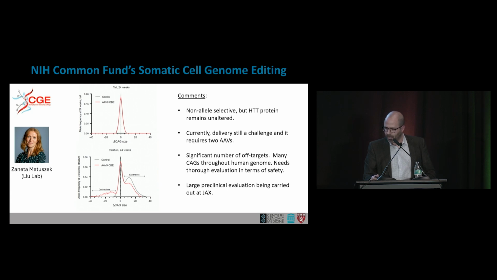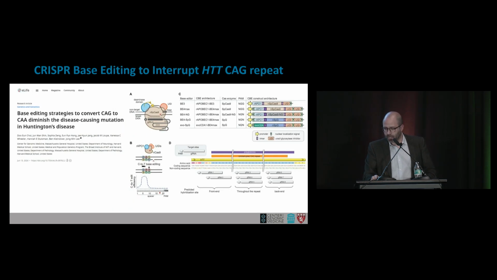Touching on off target: this is targeting the CAG, and naturally there are multiple CAG stretches throughout the genome, so that will be something we'll need to pay closer attention to. Interestingly, John Min, and Vanessa was involved in this study as well, have spearheaded a similar strategy, and that is published now, if you want to check that. I believe they don't have as much in vivo editing data, but it supports the fact that it can be done.